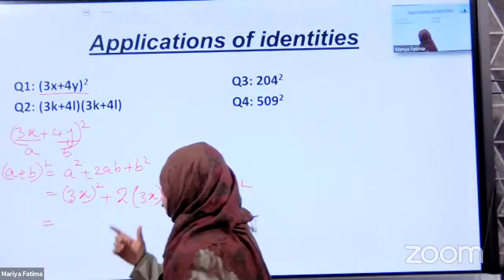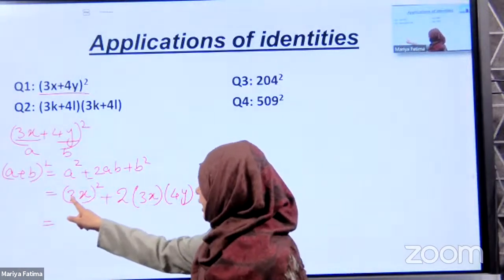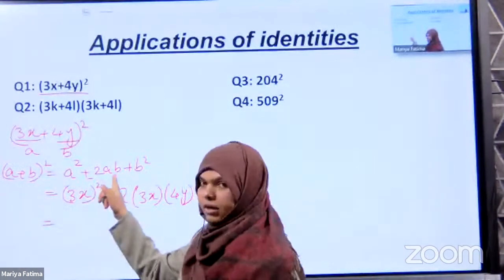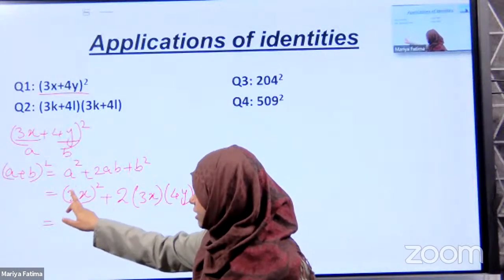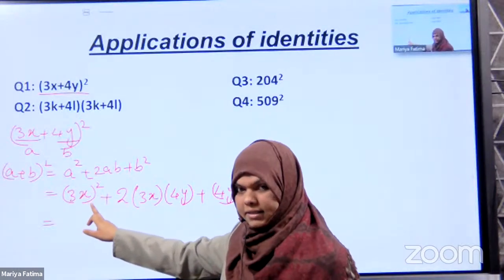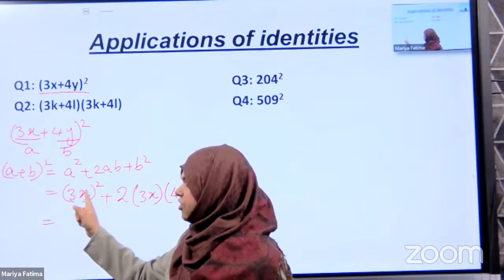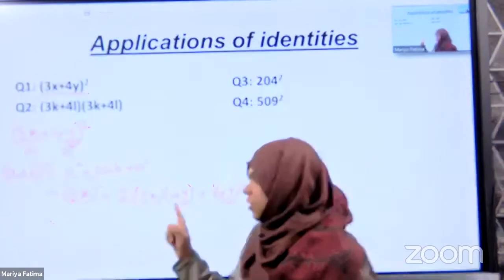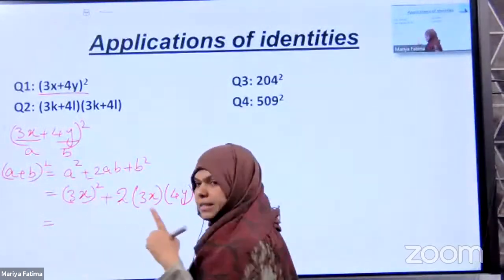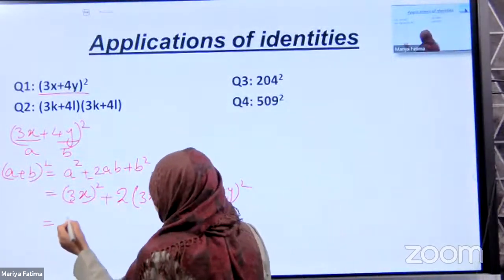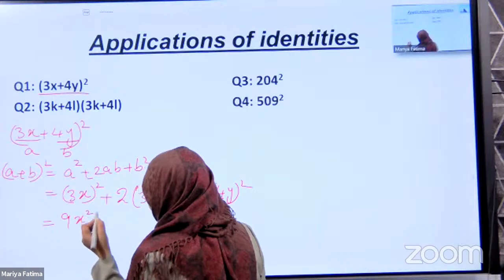Now we have to simplify this. 3x whole square means this square is on 3 as well as x. This square is on both the coefficient and variable. So 3 square means 3 3s are 9, x square.